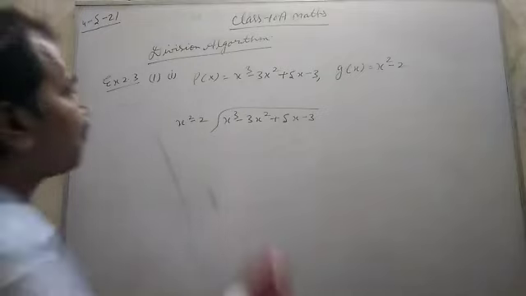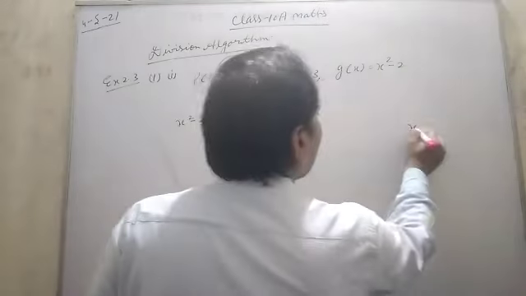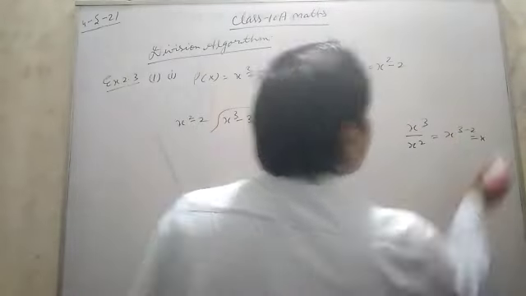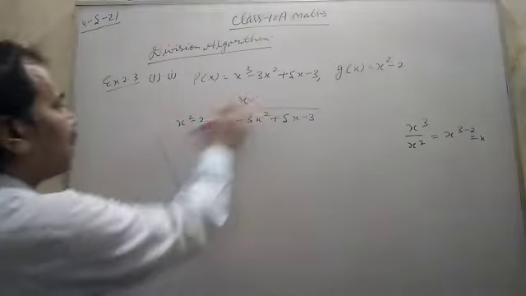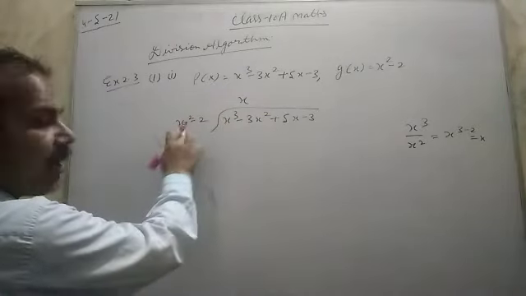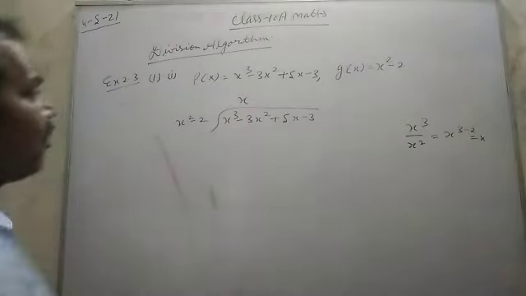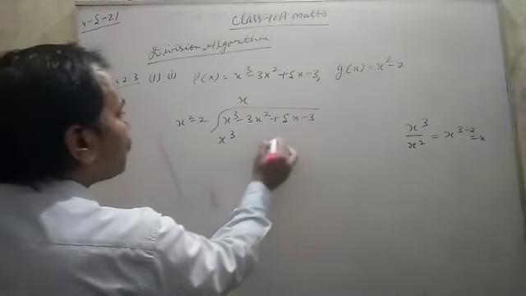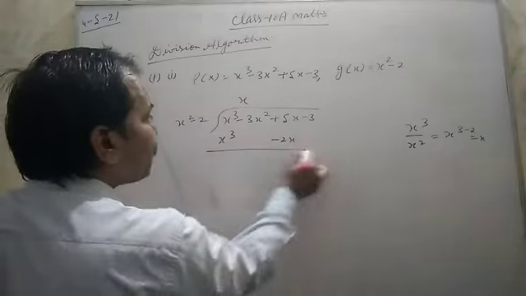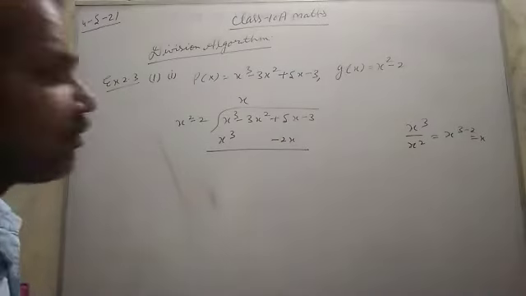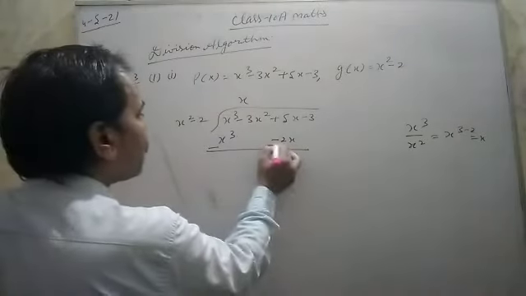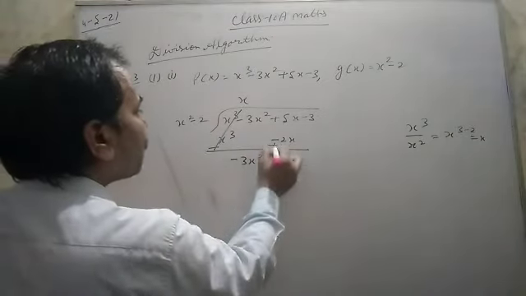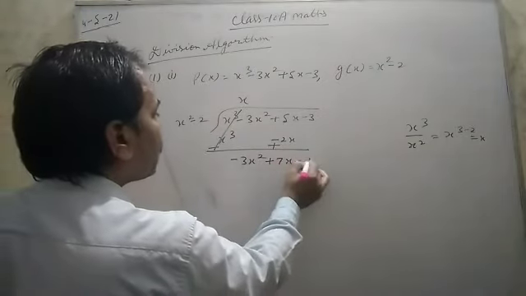You can find that by x cube divided by x square, which is x. Then multiply in all terms of the divisor: x into x square is x cube, x into minus 2 is minus 2x. Write below the matching terms, then subtract it. So this cancels, leaving minus 3x square plus 7x minus 3.